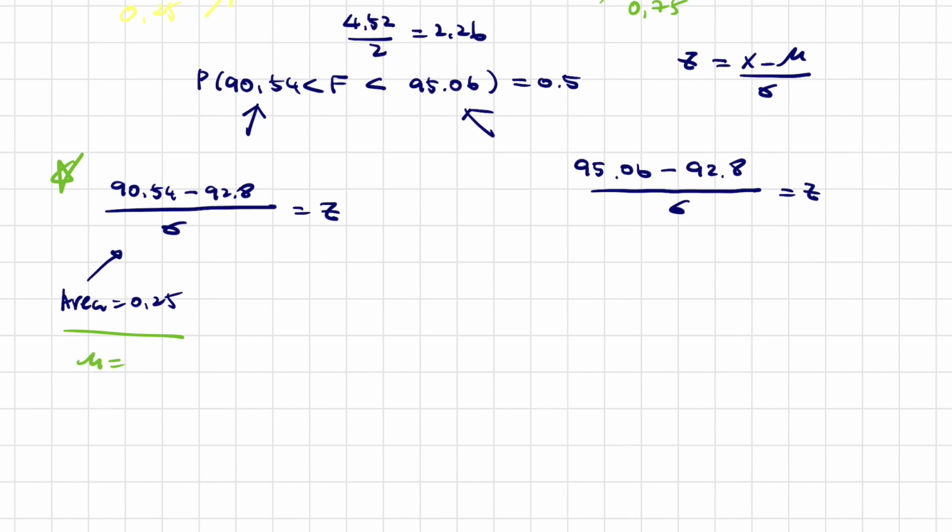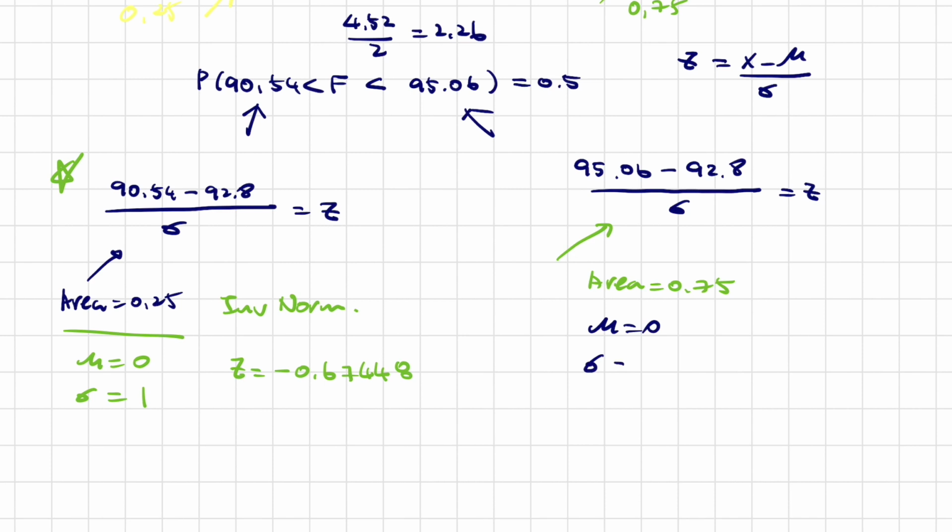Then we can set mean equal to 0 and standard deviation as 1, and calculate the Z value using the inverse norm from your GDC. Then the Z value is equal to negative 0.67448. For the second case, the area is 0.75, so we set the mean value as 0 and standard deviation as 1 to find the Z value, which is equal to 0.67448.